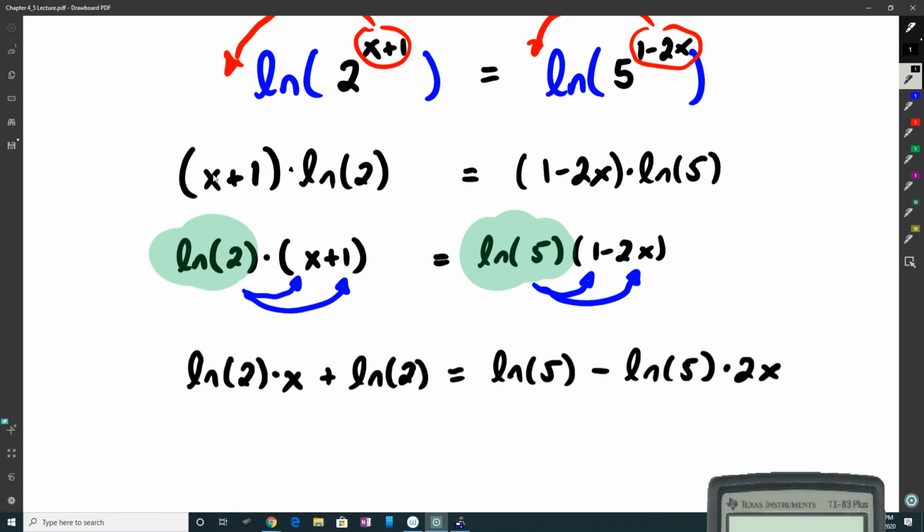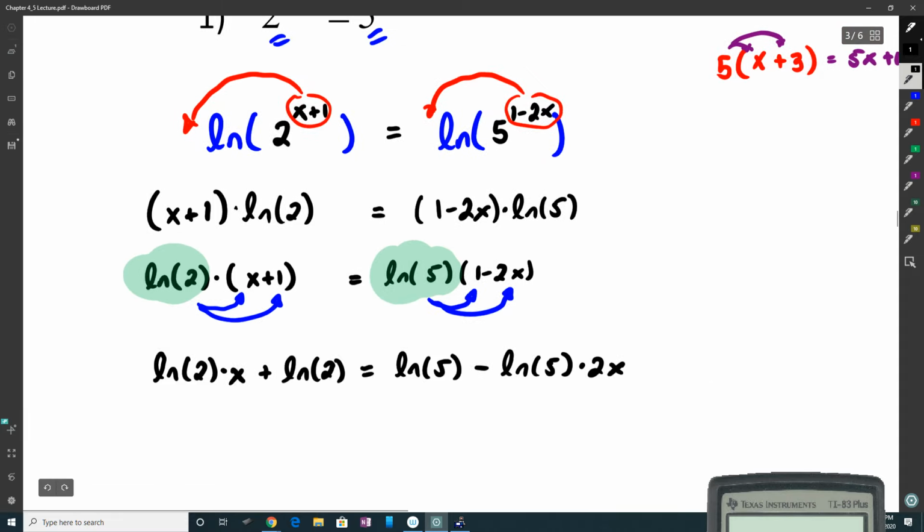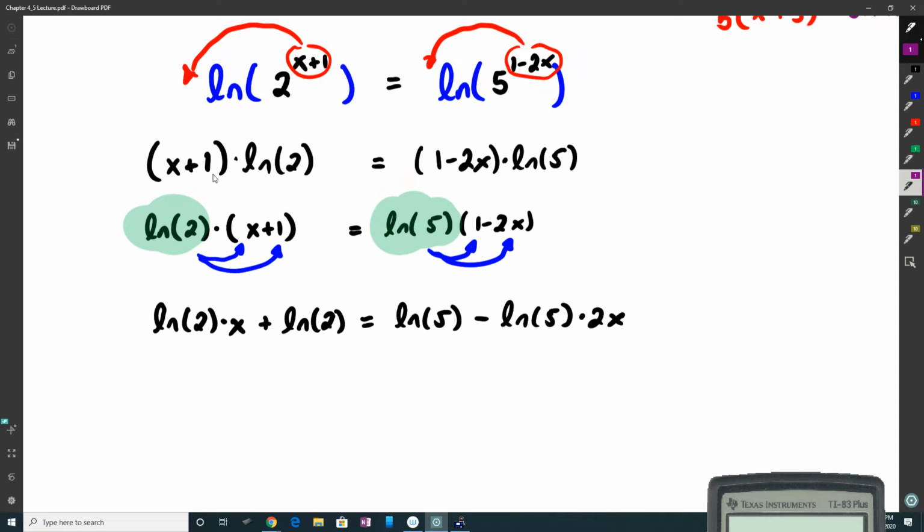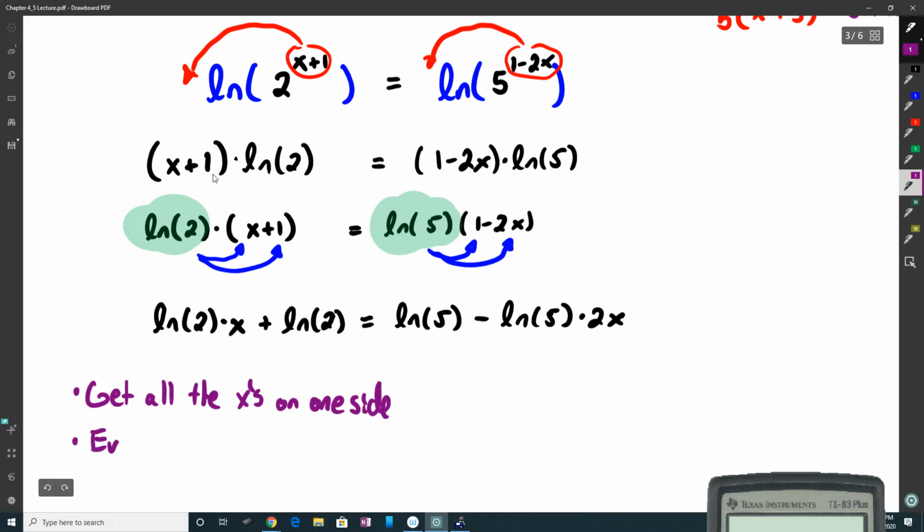There we go. And so once you're at this step, your goal is to get all the x's on one side and factor it out. Everything else on the other side.